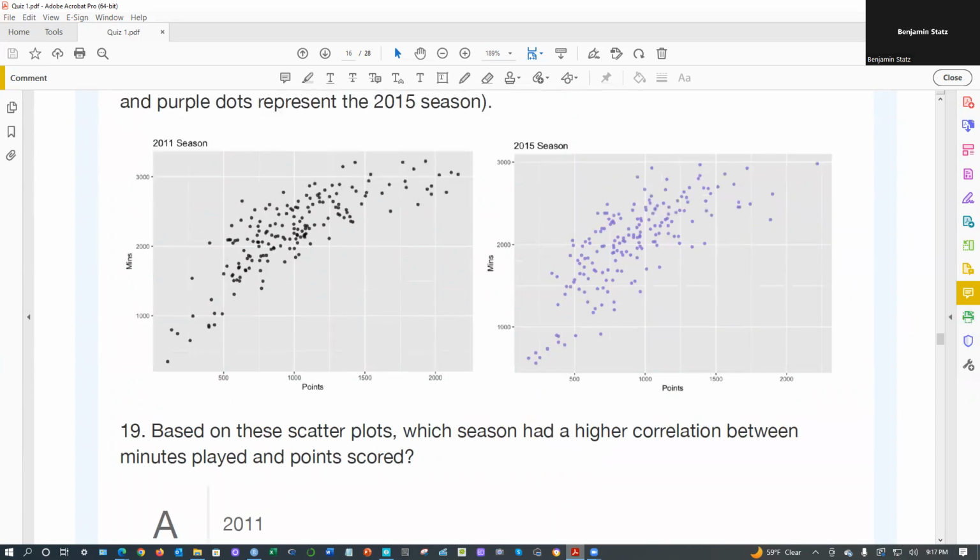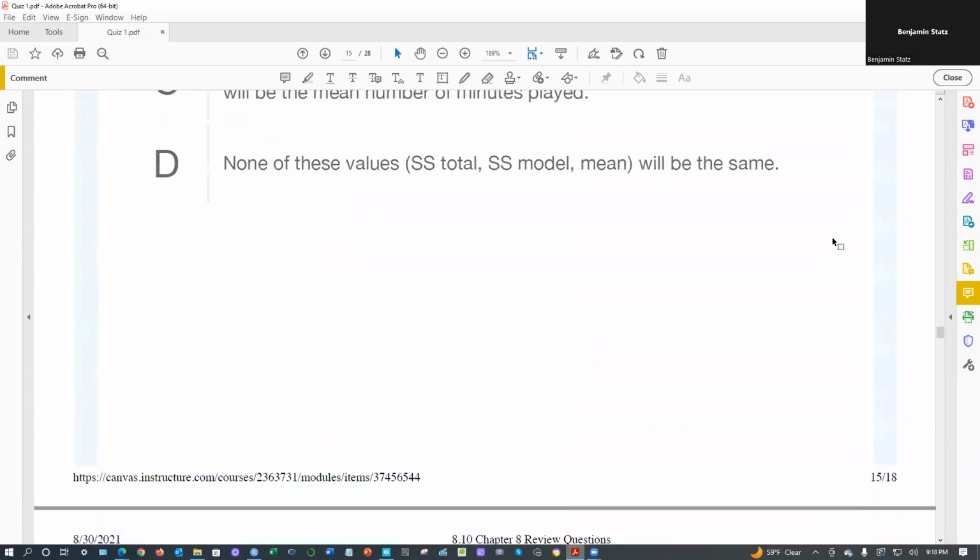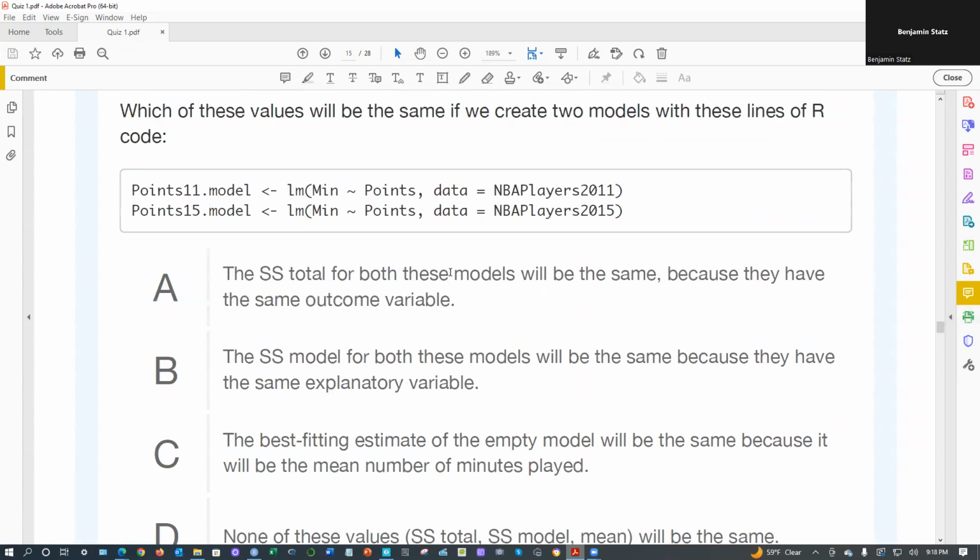C is also true for which one? Can you type in which one?